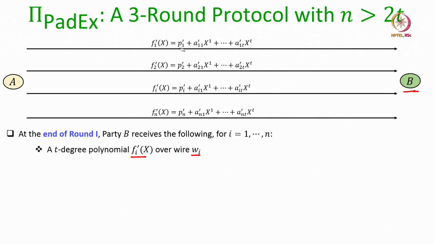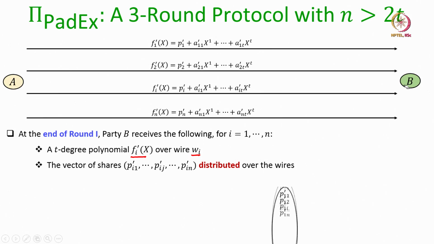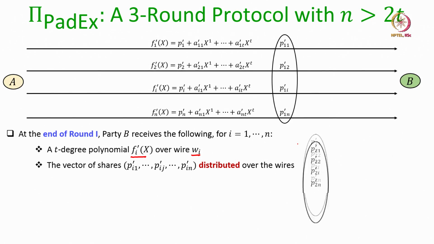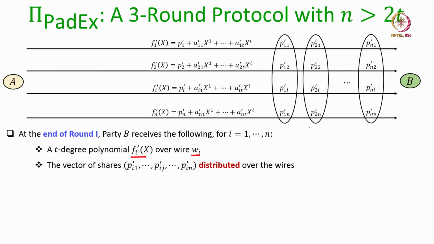Over each wire B would receive a t degree polynomial, and it would receive a vector of shares across the n wires, n such vectors of shares. Again I use this prime notation to denote the vector of shares, because if the wire Wi is corrupt, then it can deliver incorrect information.